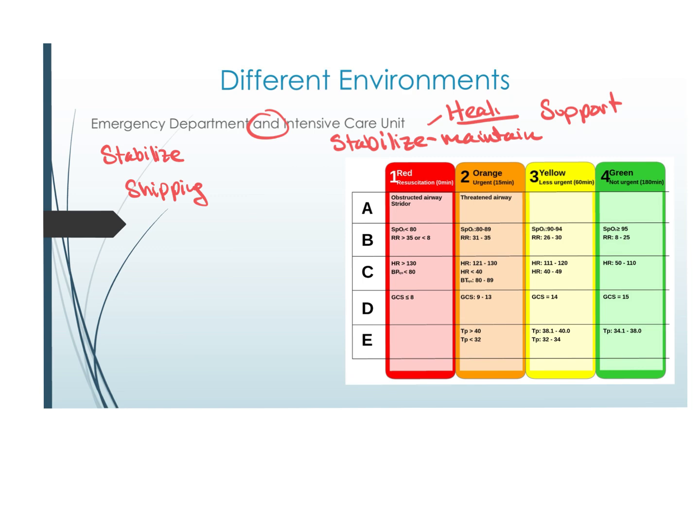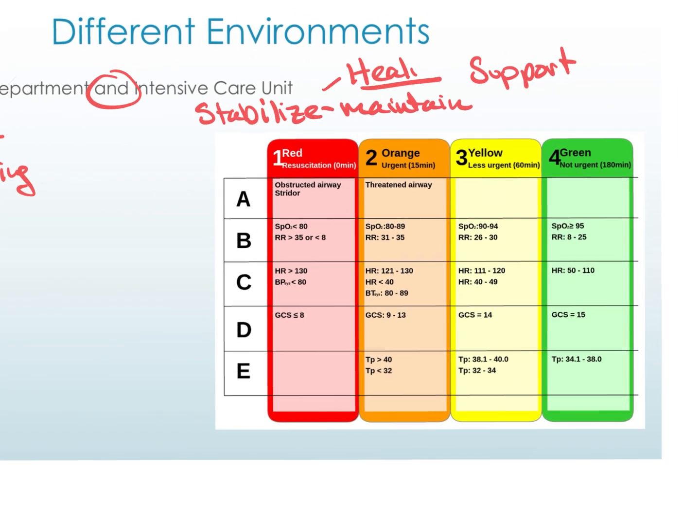And so they work really well on this grid here, which I want you to pay some attention to, right? Because this red is resuscitation, or what I would call emergent. This is no one passes go. You get lots of nurses and the whole healthcare team in that room immediately.